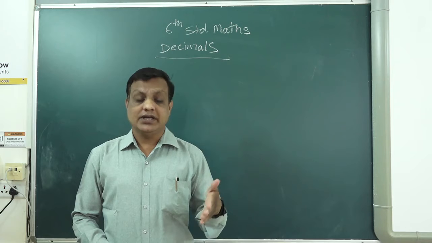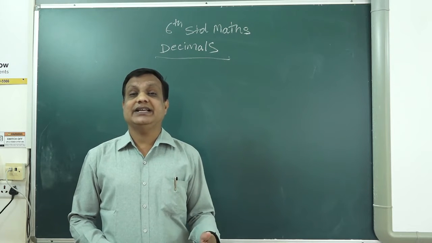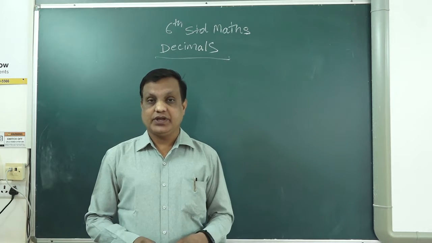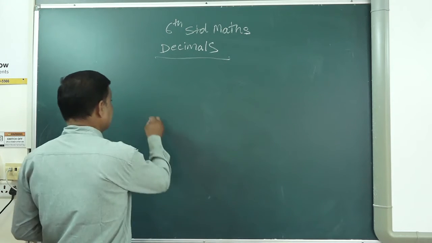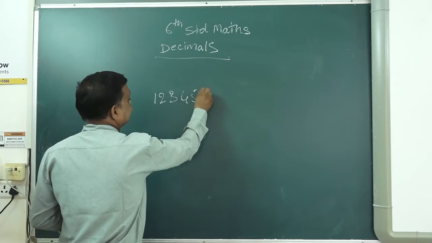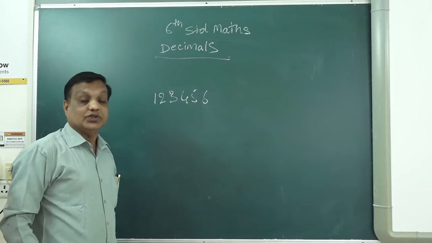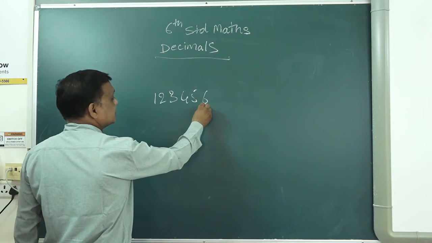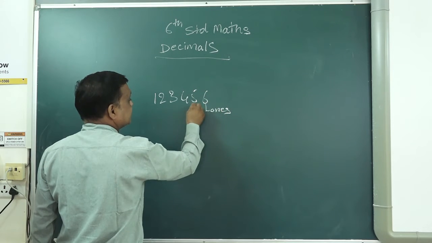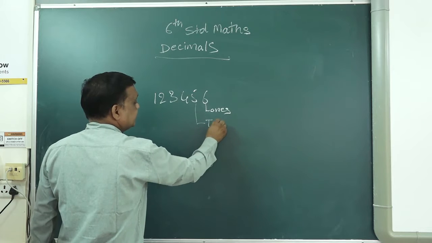Before going to the decimals, we first see the place value and face value. You know place value. Here I have written 1, 2, 3, 4, 5, 6 and so on. How do you read this number? This is ones. This is tens.